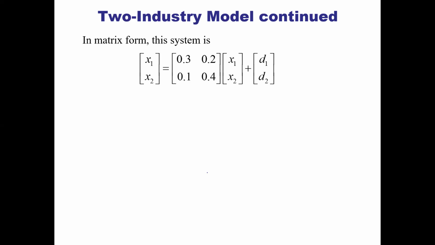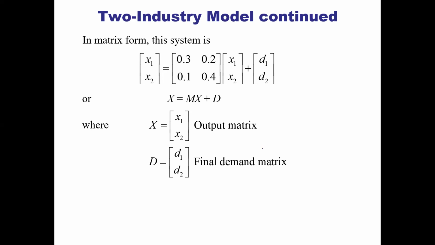And what it looks like in matrix form is that the output matrix x1, x2 equals our input-output matrix times x1, x2, plus d1, d2. X is our output matrix, and D is our final demand matrix.